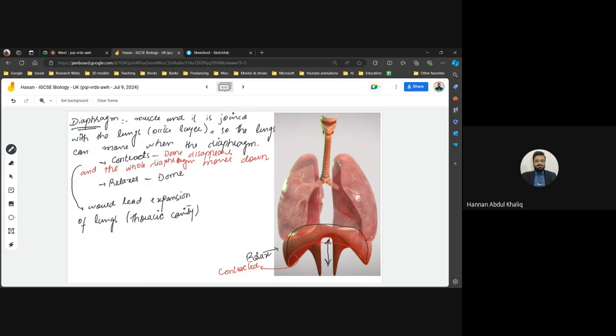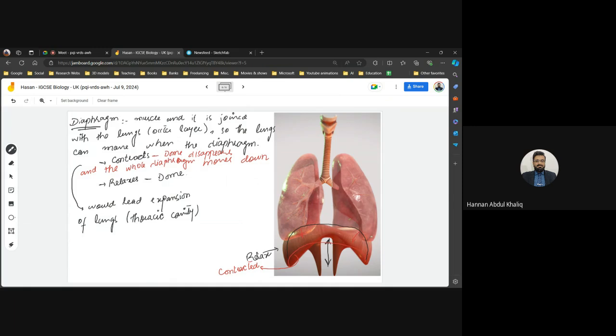It basically is the chest region. You can simply say there are two main regions. One region is called the thorax, and the other region is called the abdomen. So the thorax is related to the chest.